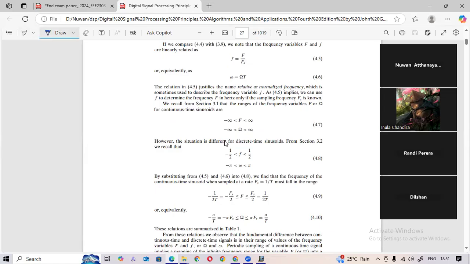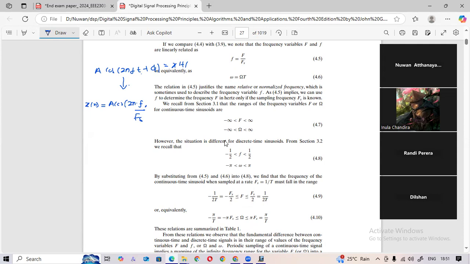If a sinusoidal signal A cos(2π f t + φ) is a continuous time signal, and if we sample this signal using sampling frequency fs, we can write the sampled signal, which is a discrete time signal, as cos(2π f/fs n + φ).